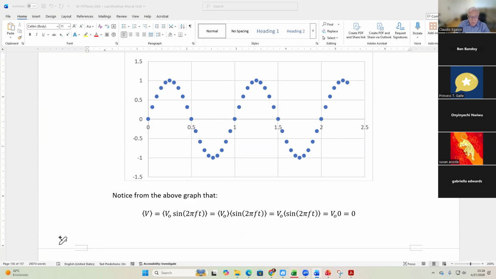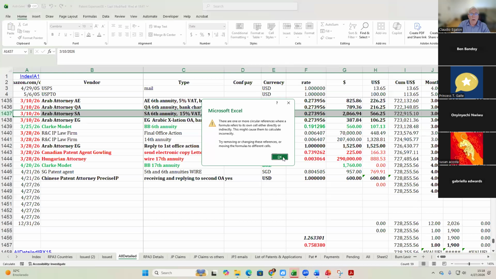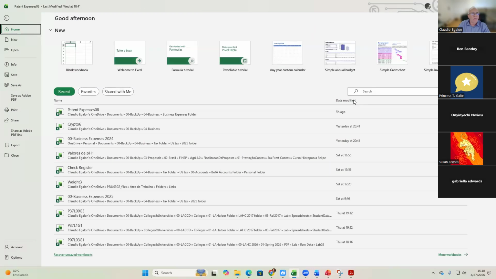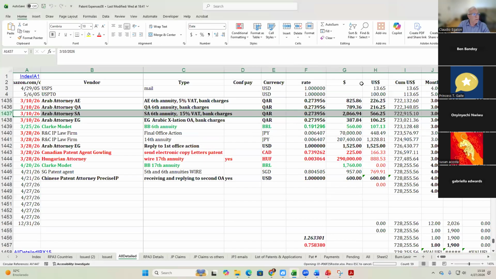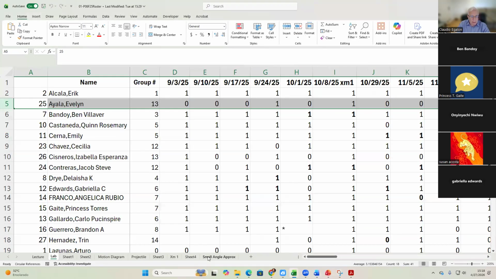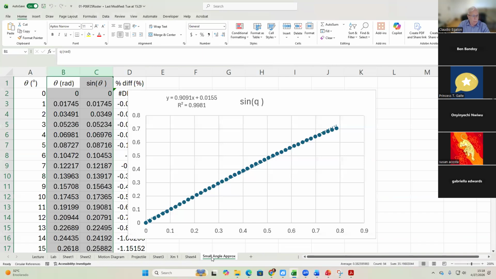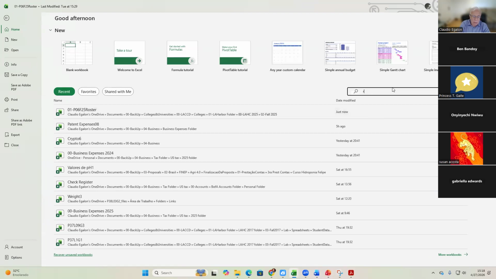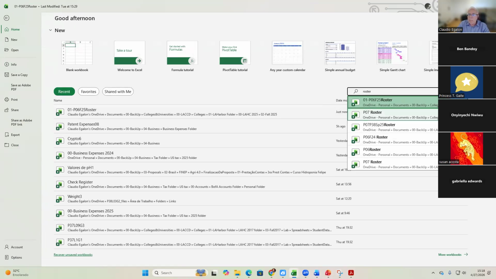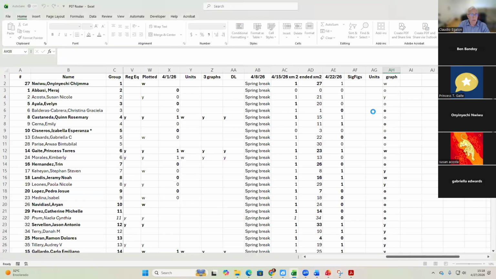I'm going to plot it from 0. Now raster. Let's get that. Is that the one? No, that's not the one I want. This one that I want.